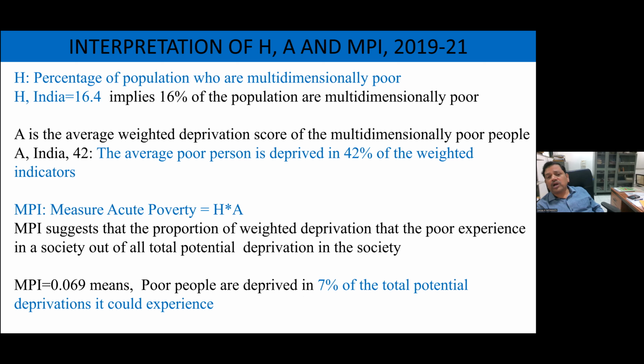In the empirical analysis, when you see H, A, and MPI, you look at how they vary across geographical regions, such as states and districts, and how they vary across different structures of the population, including male and female, different caste groups, religious groups, and so on.